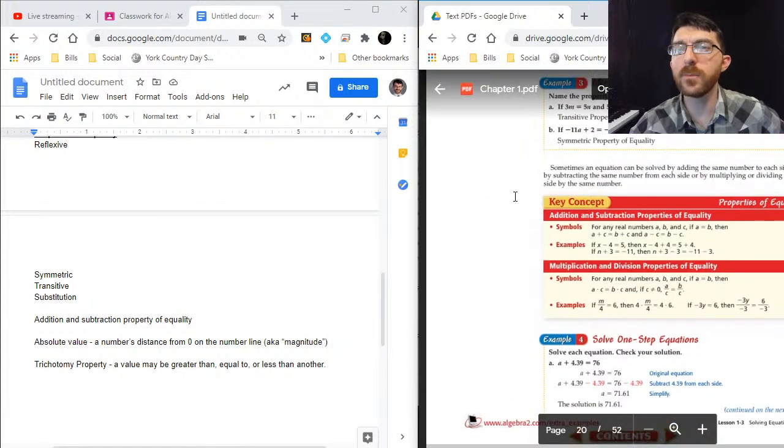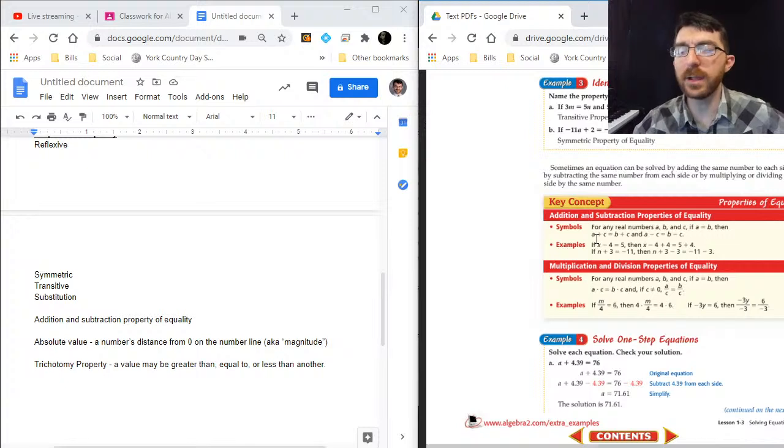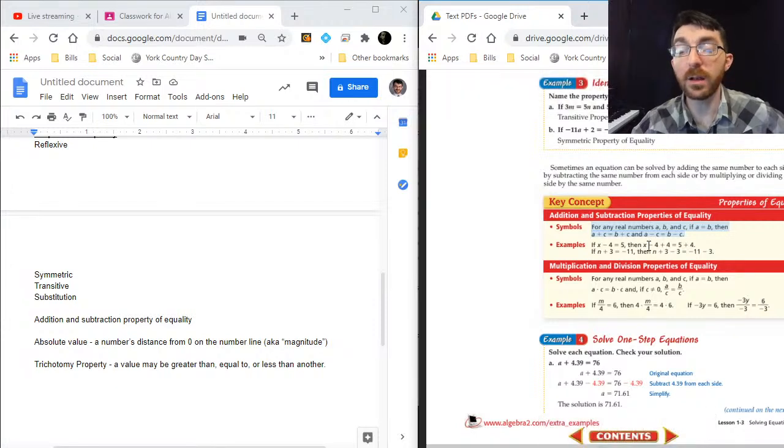It makes way more sense to express this visually or conceptually than to try to do it analytically like this. The only reason you'd ever want it to be analytical that I can think of is if it needs to be some axiom in a deductive proof. For any real numbers a, b, and c, if a equals b.